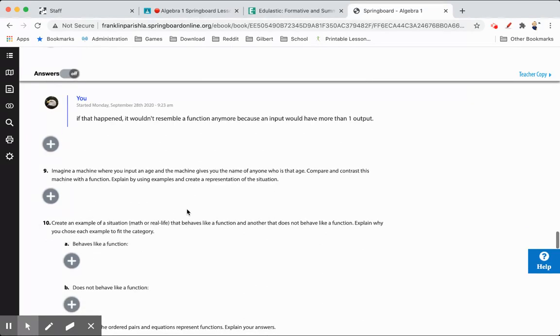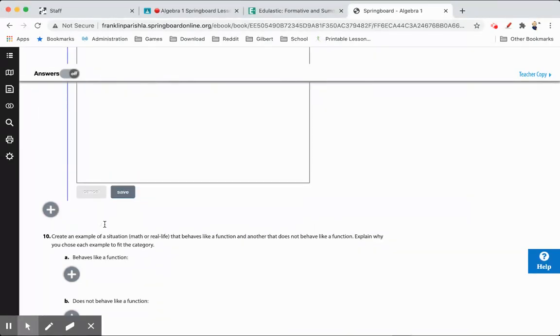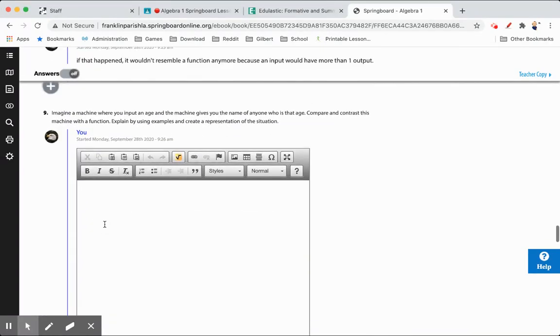All right, 9. Imagine a machine where you input an age and the machine gives you the name of anyone who is that age. Okay? Compare and contrast this machine with a function. Explain by using examples and create a representation of the situation. All right, so if I pressed, let's say, 53, and then it listed Jane and Bob as both 53.